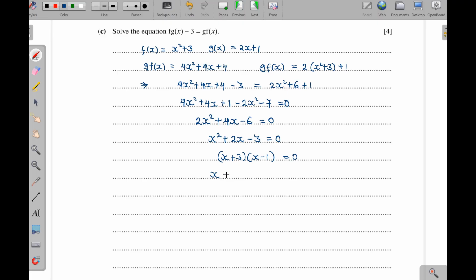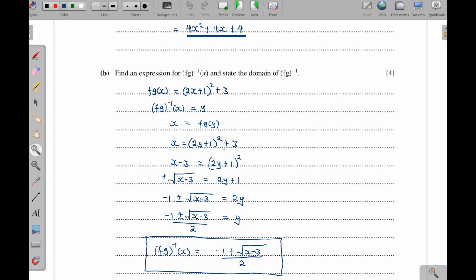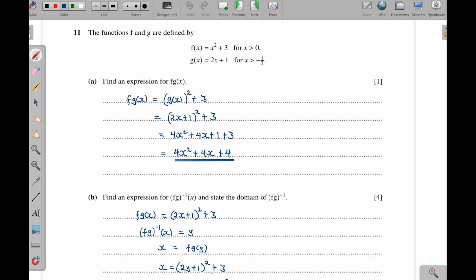So that will be equal to 0. So you will get x equal to 3. And you will also get x. No, it's not 3. It's a negative 3, because this one is positive, so when it crosses the equal sign, it becomes negative. And then x here is going to be equal to 1. Now, we need to choose one of these values. Since we are using f of x, whose domain is x greater than 0, and then the g of x, the x values must be greater than negative 0.5.